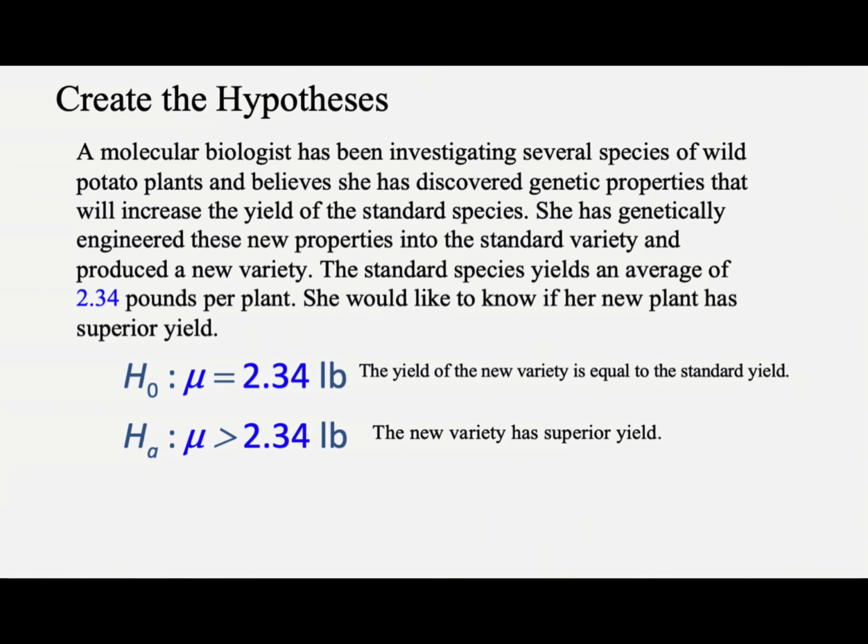If instead she just wanted to change the yield rather than increase it, so she didn't care whether it increased or decreased the yield, and she just said that she would like to know if her new plant changes the yield, then we would have a does not equal, because it could be greater than or it could be less than that mean of 2.34. So if it just says that we think it's different than that mean, then it's a two-sided alternative.